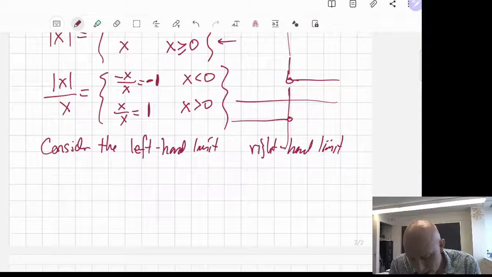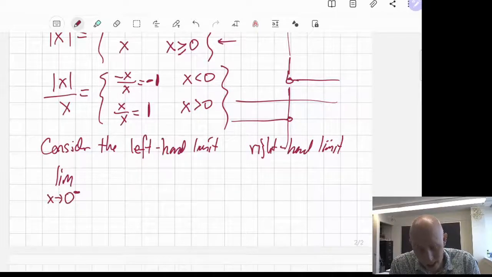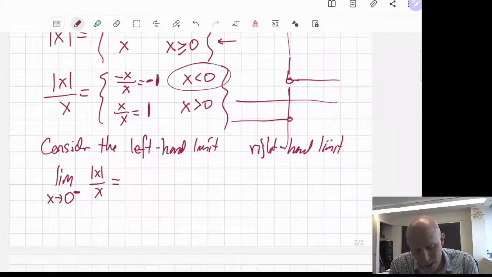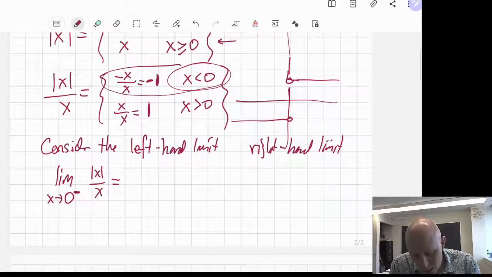Well, we say, what is the limit as x approaches 0 on the negative side, or the left-hand side, of absolute value of x divided by x? Well, this is actually the limit as x goes to 0 on the negative side of the function negative 1.